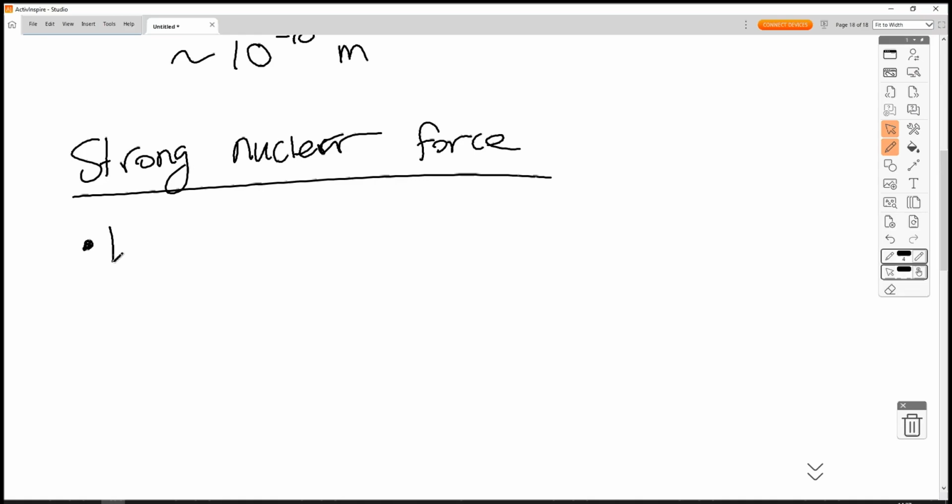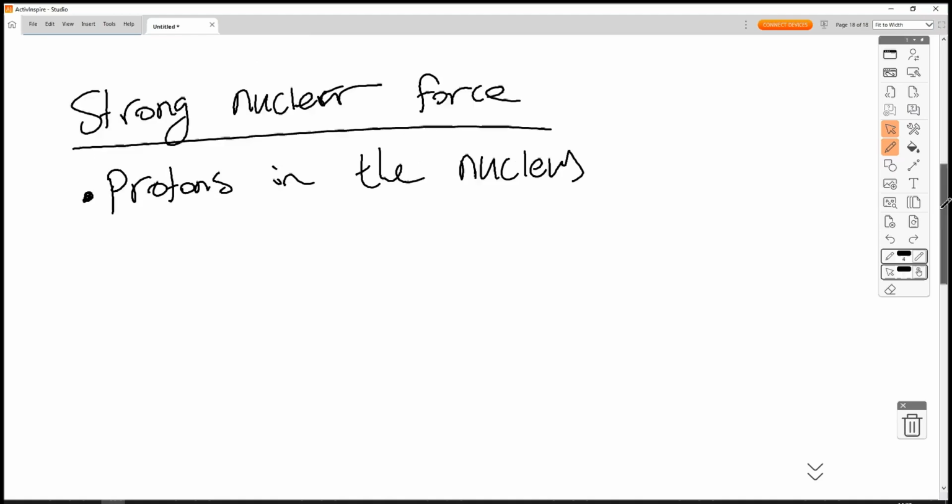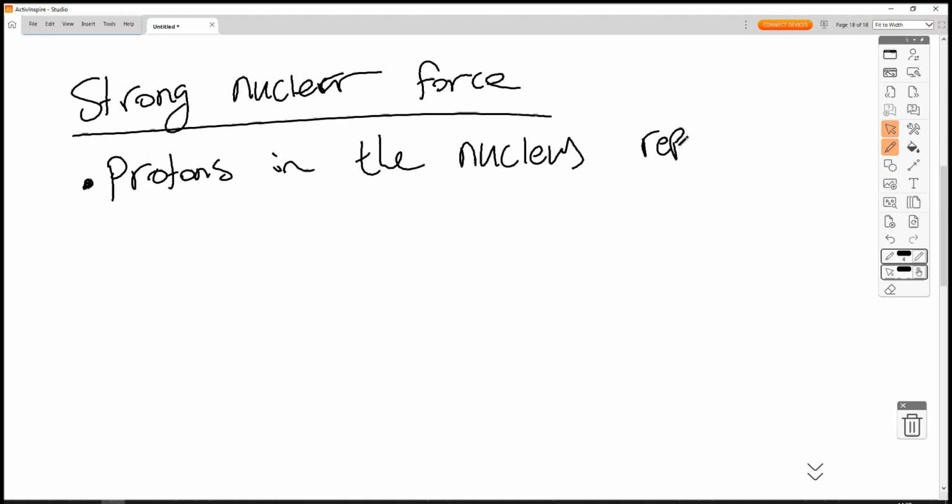So protons in the nucleus repel each other due to being positively charged.